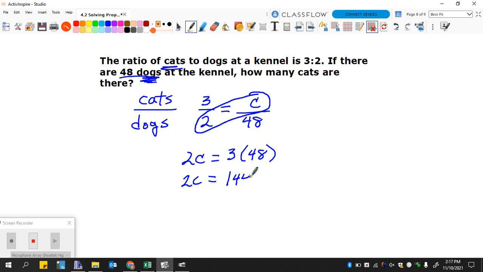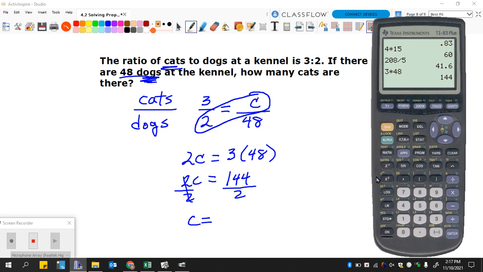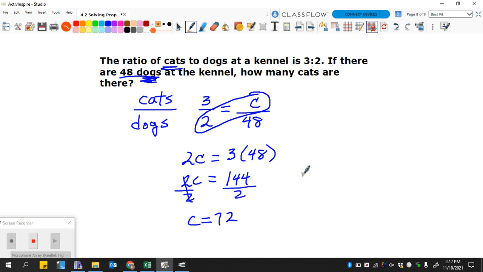Then we divide everything by 2. The number of cats is 144 divided by 2, which is 72. So there are 72 cats.